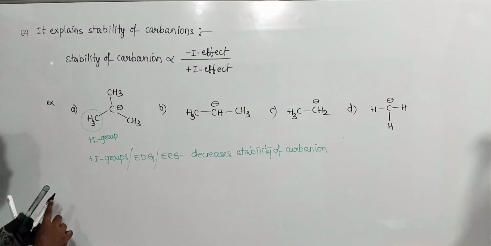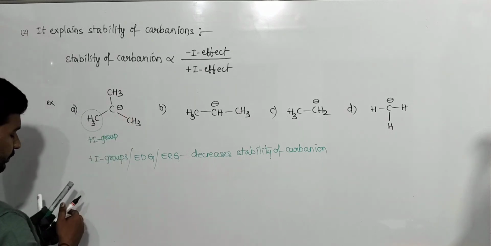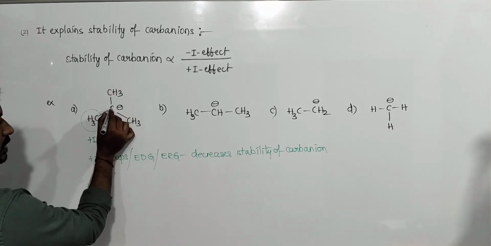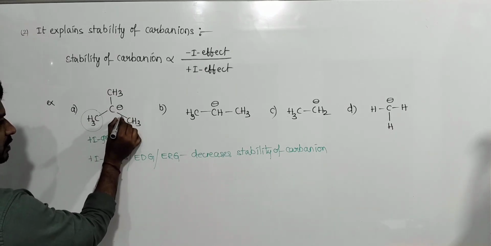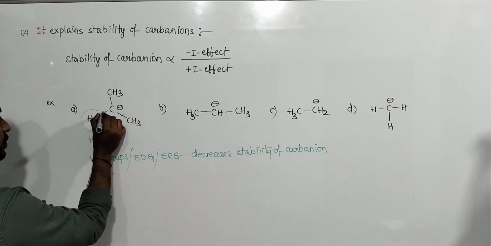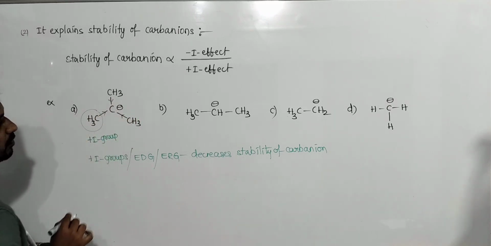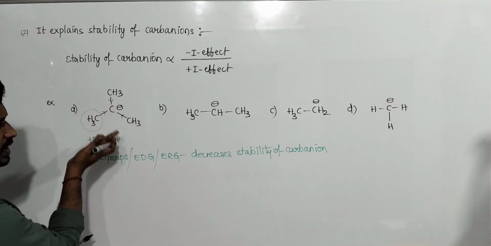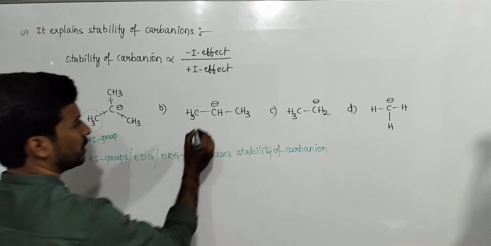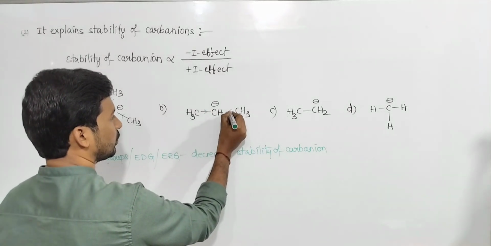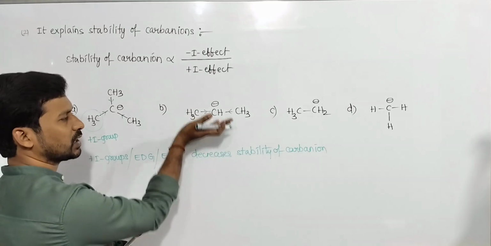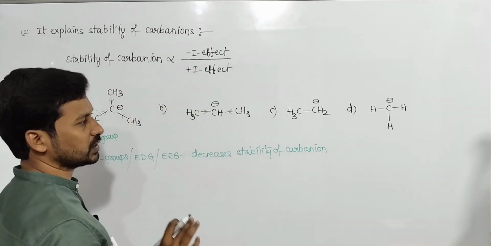Here electron density is already high on this carbon, and these groups also push electrons towards carbon. Then it becomes more negative, and more negative means less stable. Here 2 methyl groups push electrons towards this carbon, so the magnitude of negative charge increases.